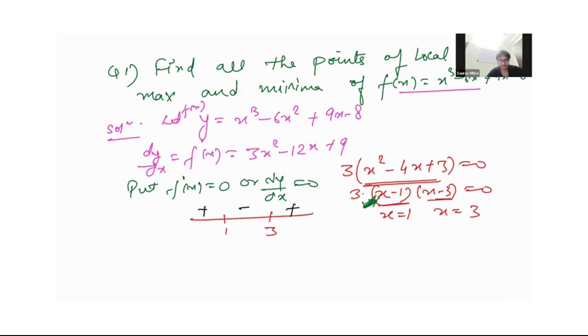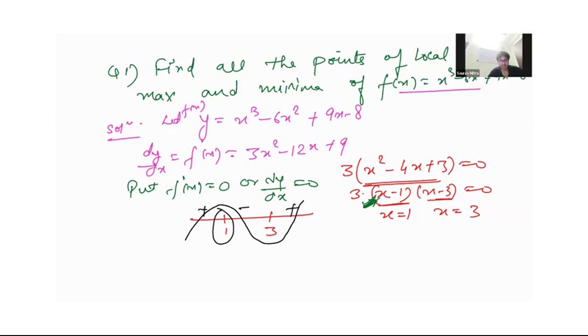So see, your graph is changing from positive, then it is decreasing, then from decreasing it is increasing. So we will have our maxima at what point here? So function is increasing, then it starts decreasing, then it starts again increasing. In this interval it is increasing, in this interval it is increasing, like that.